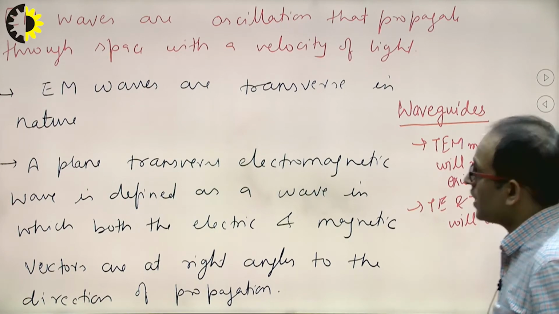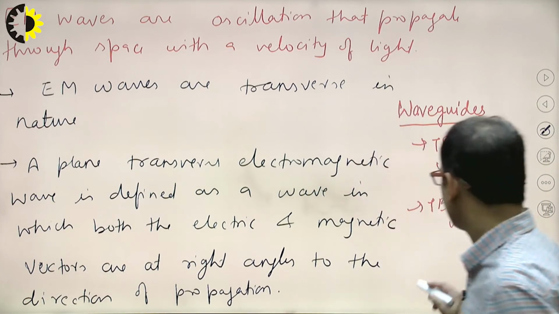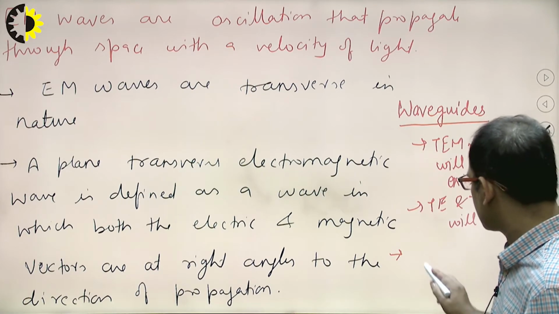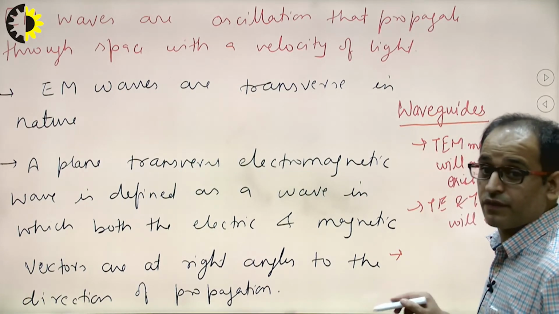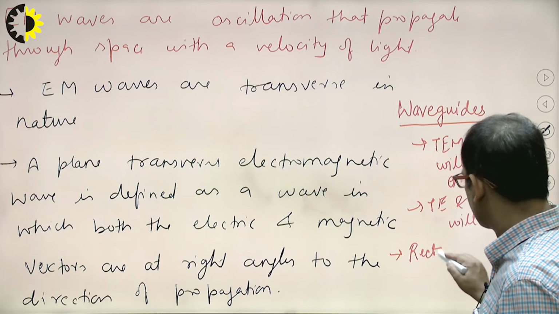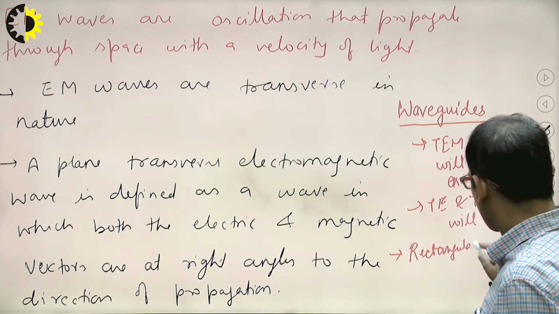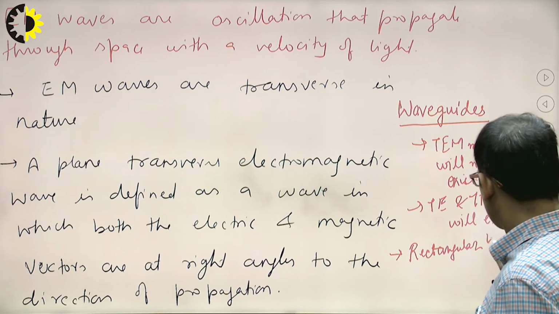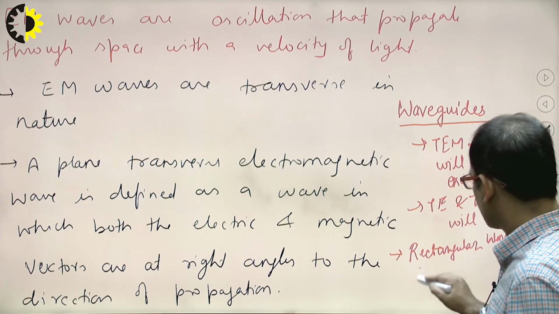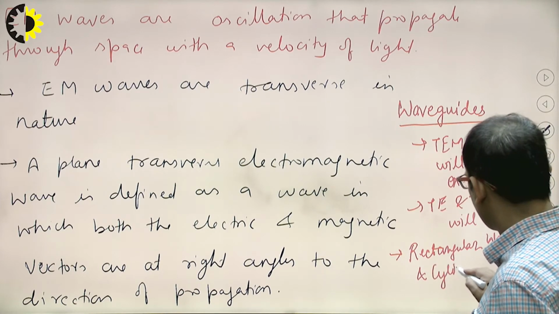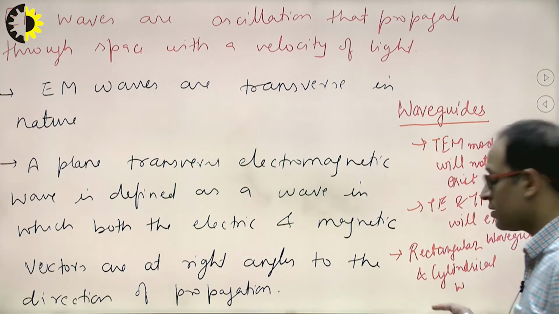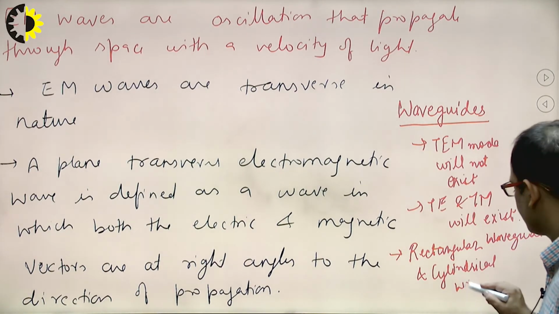And waveguides are made up of metallic materials. Waveguides are of two types: rectangular waveguides and cylindrical waveguides, or you can say a circular waveguide.